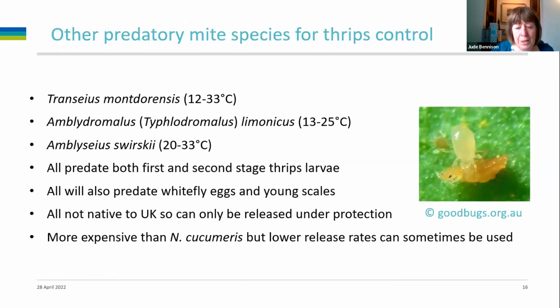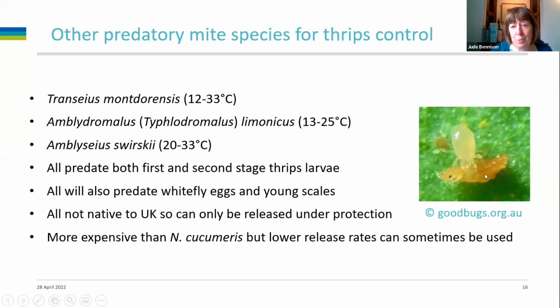But there are some other predatory mite species now available for thrips control: montdorensis, limonicus, and swirskii. They all have slightly different temperature ranges. Limonicus is more of a cool temperature beast, whereas swirskii likes it warm. Now, all these species will eat both the first and the second stage larvae. You can see one having a go at a second stage larva there.